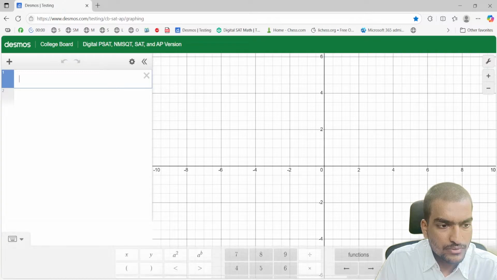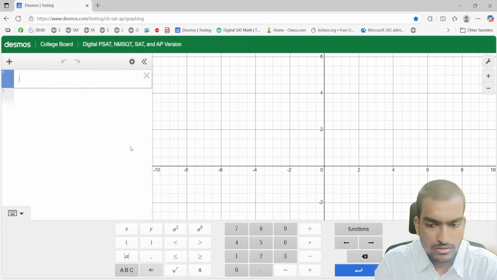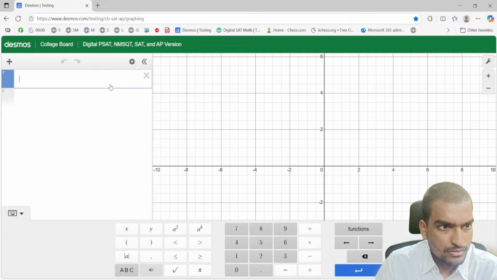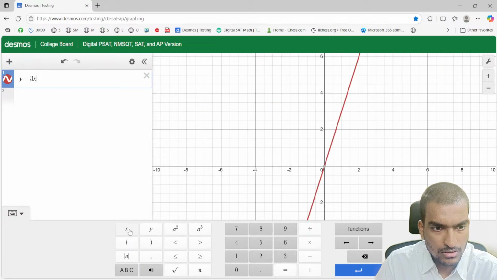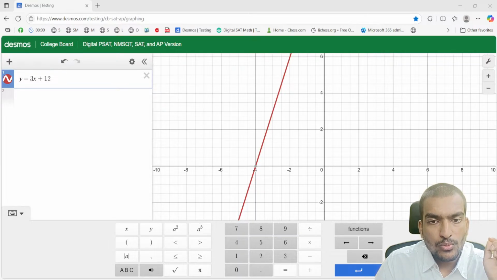Yes, what equation did they give us? They gave y equals 3x plus 12. So what are they asking us to find? They are asking us to find the x-intercept.